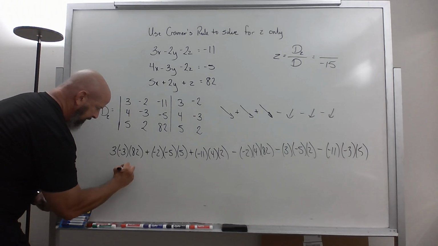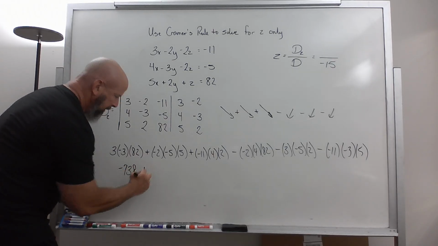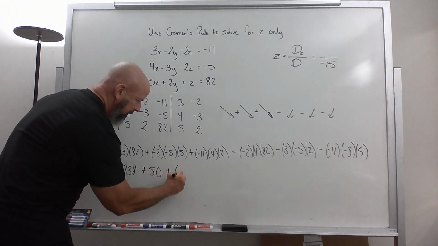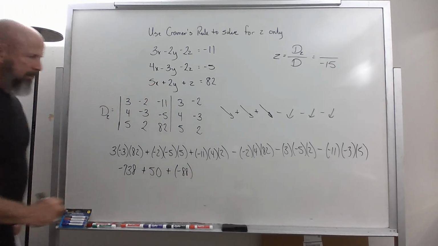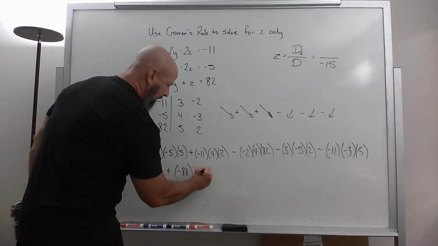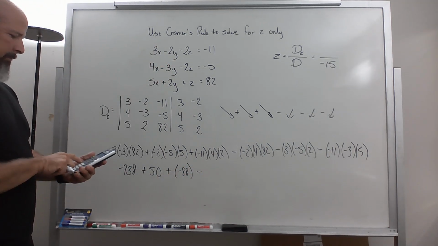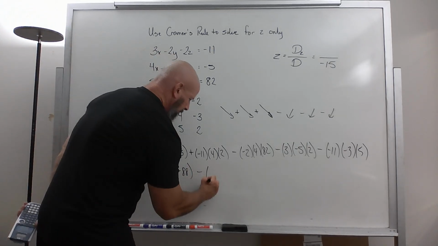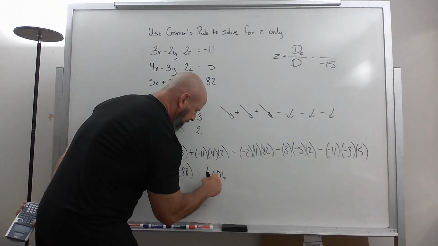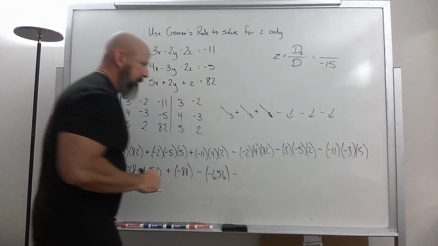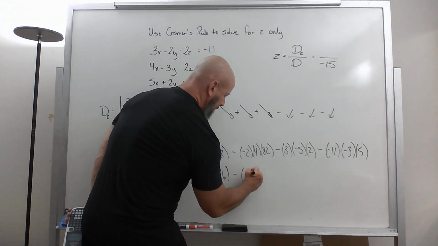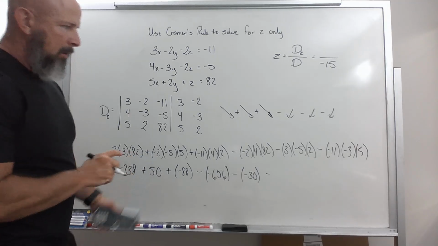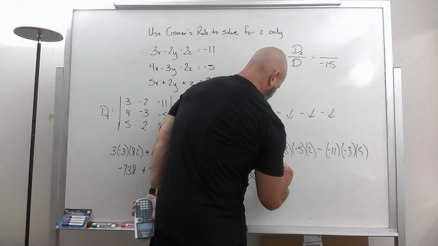So let's see, that's negative 738 plus 50 plus negative 88 minus negative 656 minus negative 30 and minus 165.